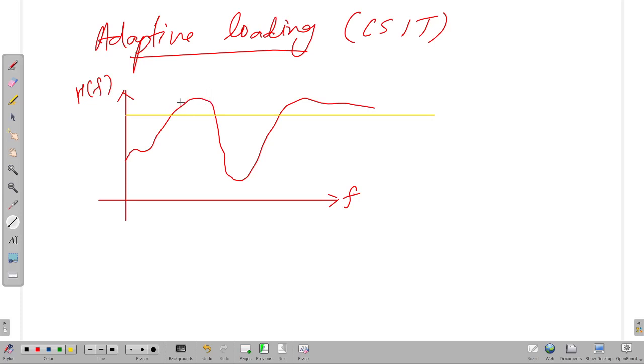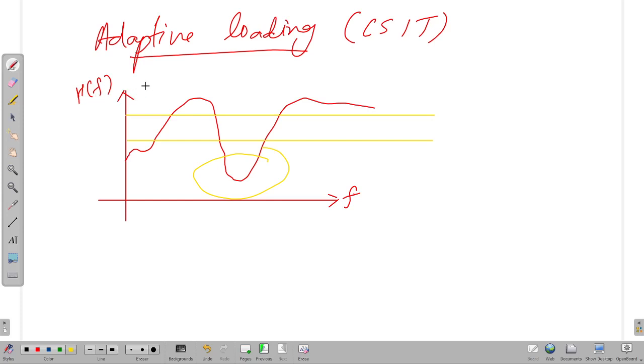It is having a higher value for the channel coefficient, the frequency response coefficient. Along this area, somewhat okay, a medium value for the channel response coefficient. And below this, consider areas like this, which have a very low value, a high value of attenuation for the channel frequency response.